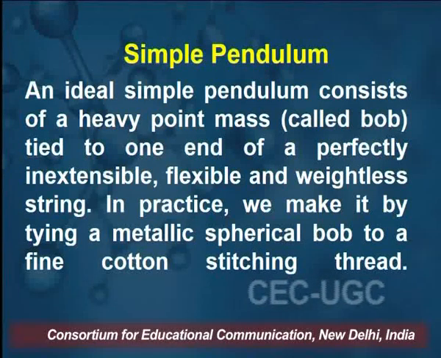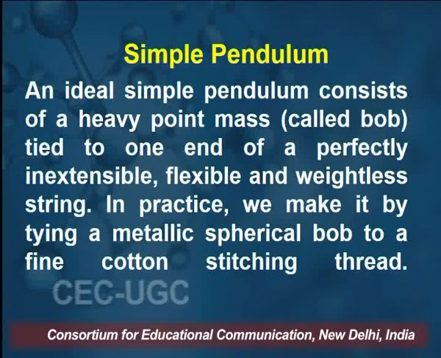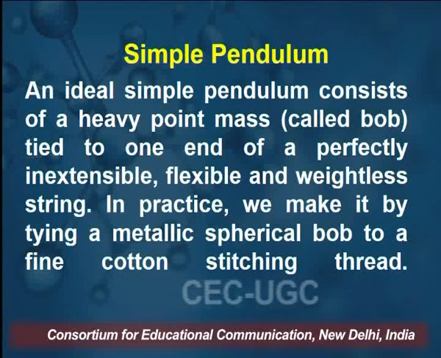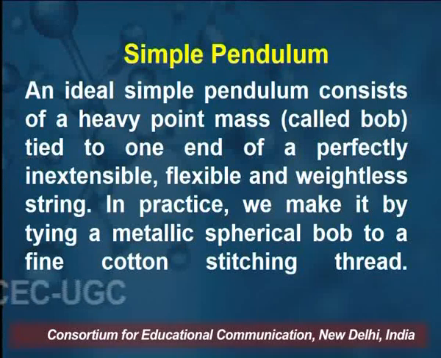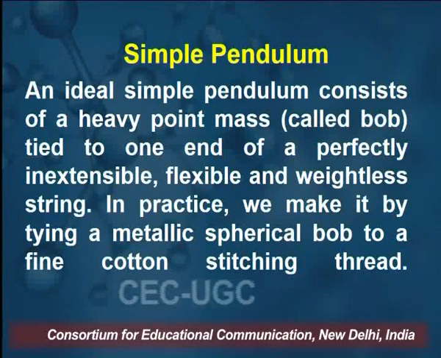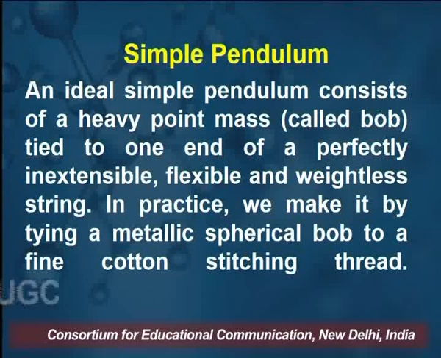A simple pendulum is basically a heavy point mass, called the bob, which is hanged with an inextensible, flexible, weightless string. It means we have a massless or weightless string, made of cotton stitching, and then we attach a bob with a mass at the end of this string.